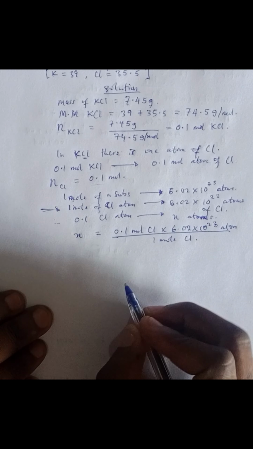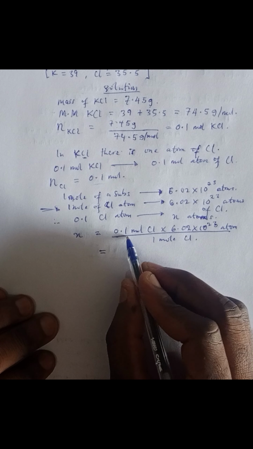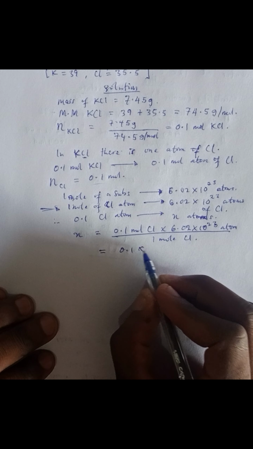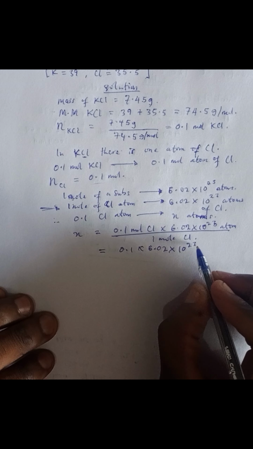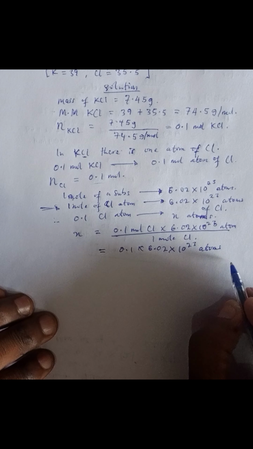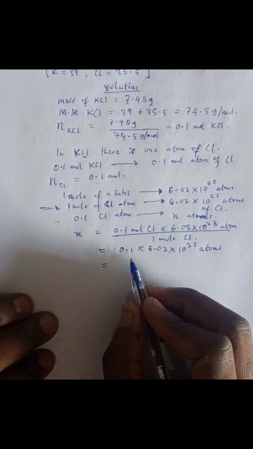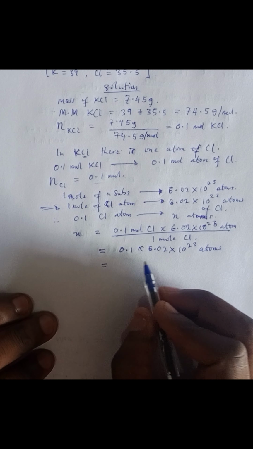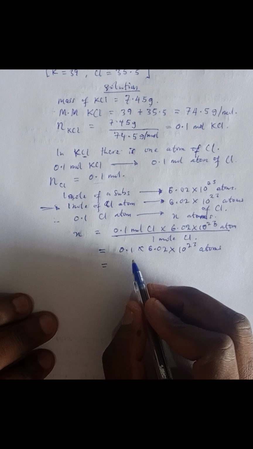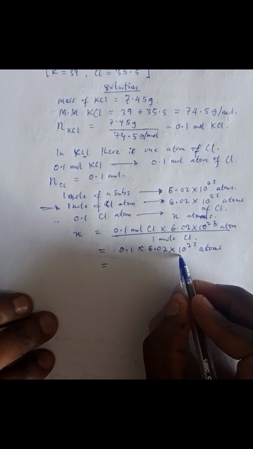So everything now will be equal to 0.1 times 6.02 multiplied by 10 raised to the power 23 atoms of chlorine. Finally, 0.1 is the same thing as 10 raised to the power of -1, or you will say 1 all over 10. So if 0.1 equals 10 raised to the power of -1, you can apply the law of indices to it.